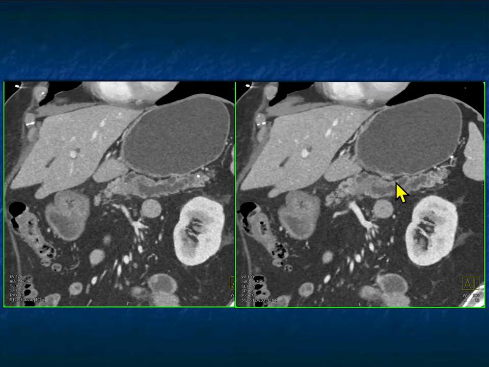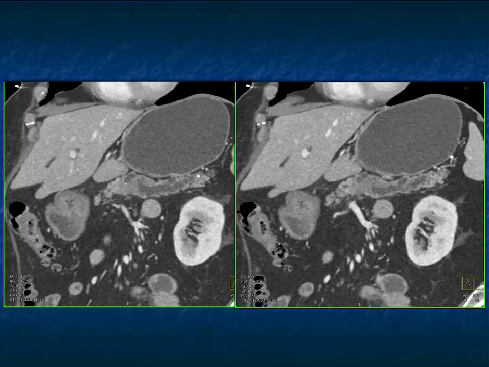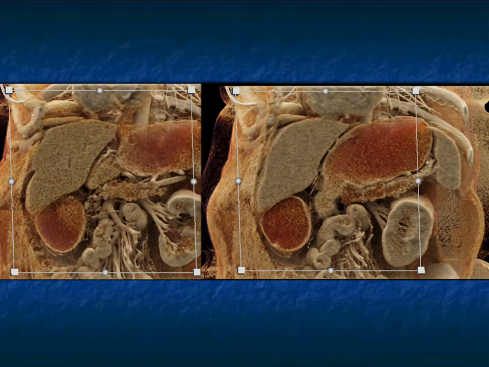Patient has IPMNs as well, as is pancreatic cancer. Very classic adenocarcinoma. And here it is again on the cinematic rendering. We speak about how cinematic rendering is really good at looking at the duct, but also picking up subtle tumors. In this case, the routine scans and the cinematic both nicely showed the patient's pancreatic adenocarcinoma. Nothing very difficult, okay? Straightforward.